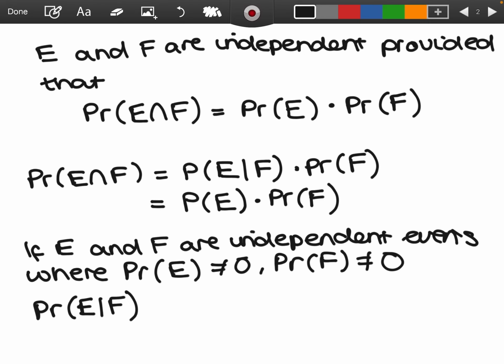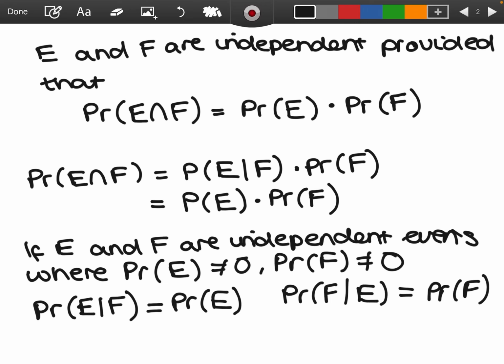There's not a 0 probability. Then the probability of E happening, given that F has happened, is going to equal the probability of E, because it doesn't matter whether F has happened or not. They're independent of one another. So it's just going to be the probability of E. And the probability of F happening, given that E has happened, is just going to be the probability of F. Because again, it doesn't matter if E's happened or not. If F and E are independent, that's just going to be the probability of F occurring.